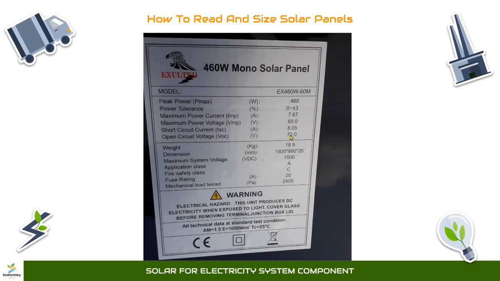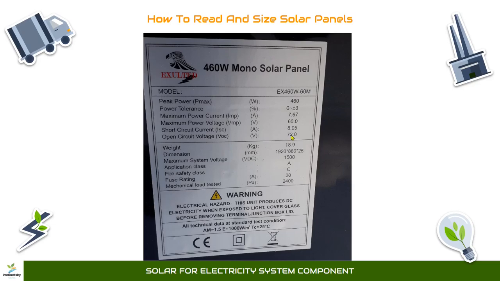For example, if I have 5 pieces of this panel, and the system I'm working with should not exceed 200 volts, or 300 volts, you need to work with this. Multiply it by 5 or 6, whatever number of panels you have, and make sure that this is under control.